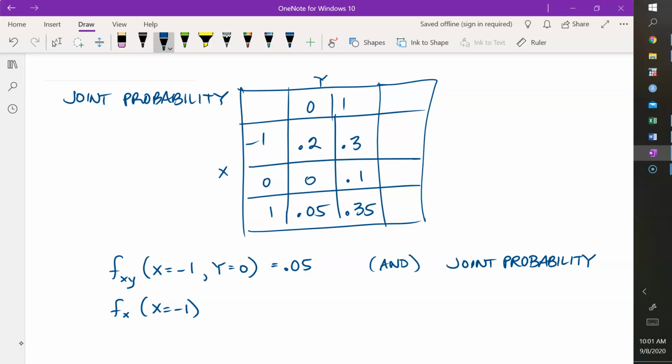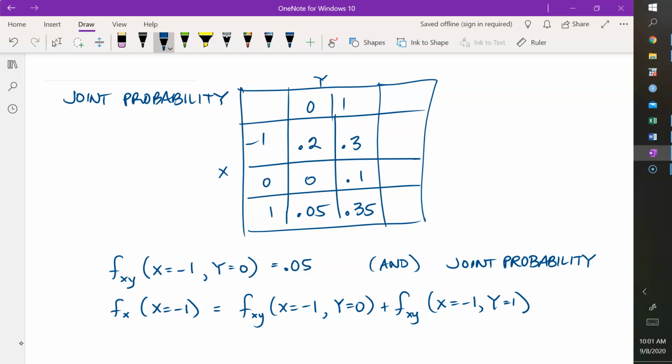So that is found by adding the chance of xy when x is -1, y equals 0, plus the chance of xy when x equals -1, y equals 1.